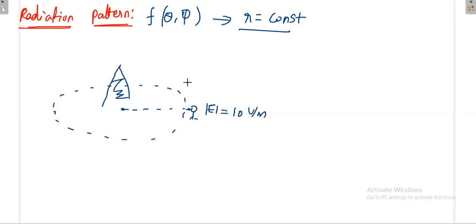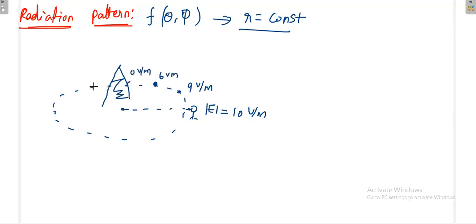At this point, say I get around 9 volt per meter. I don't know the nature of this tower, but I am trying to analyze it. When I move along the line, first 10 and 9, and then 7, 6 volt per meter. When I go exactly at 90 degree, I am getting 0 volt per meter.